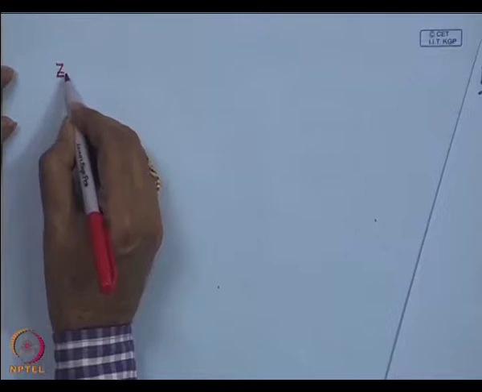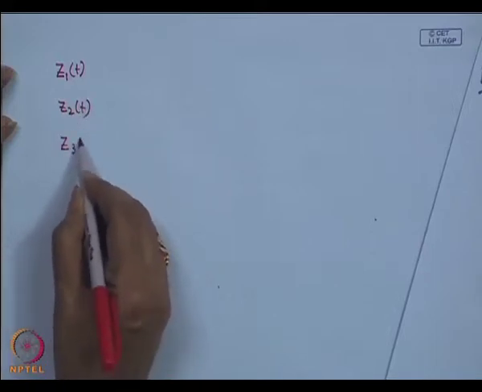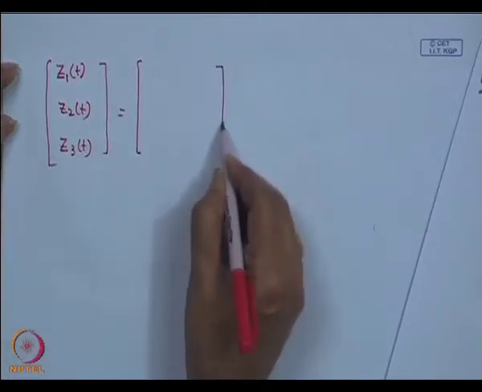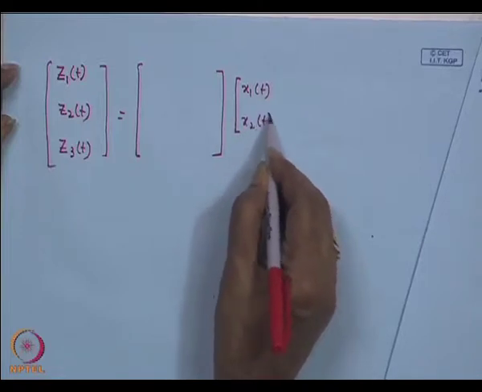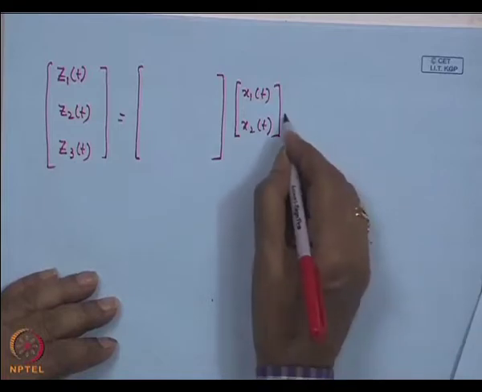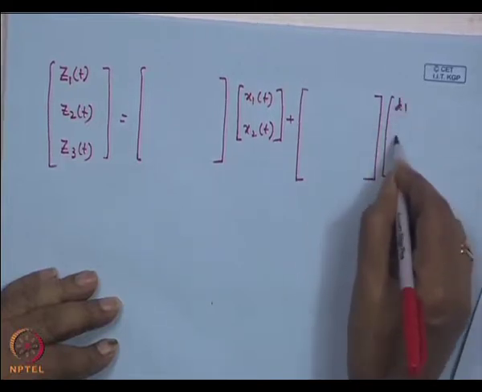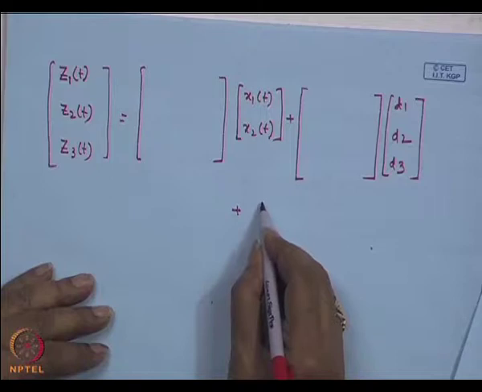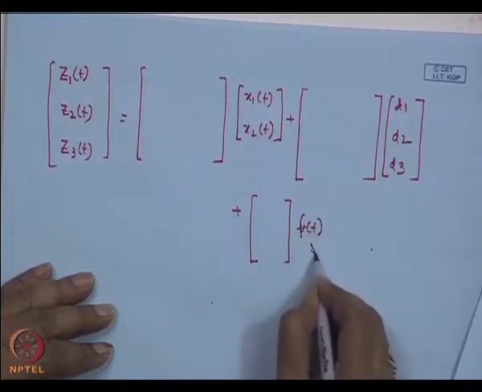So, if I write those signals Z 1 of t, Z 2 of t, Z 3 of t, we can write them in state form, expressed in terms of the state, the part of model output, and the input, which is nothing but u of t.